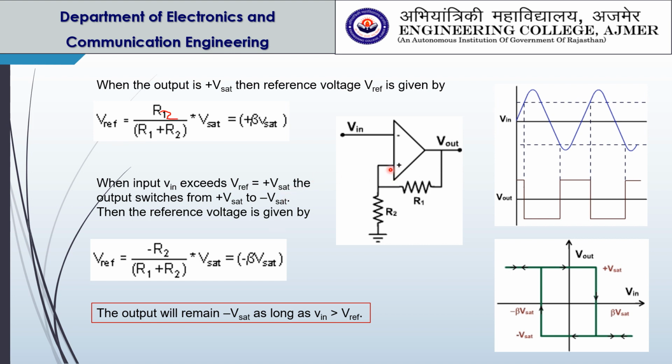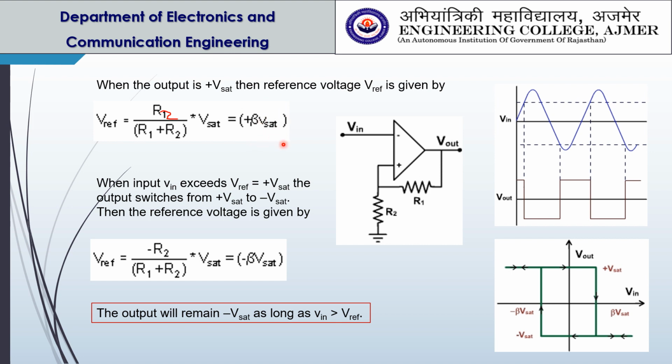This is the voltage that is fed back to the input, and it is the voltage drop across R2. R1 and R2 form a voltage divider circuit, so the total output voltage is divided between these two resistances. So V reference is given by R2 upon R1 plus R2 into V output. We can write this as plus beta into V saturation.